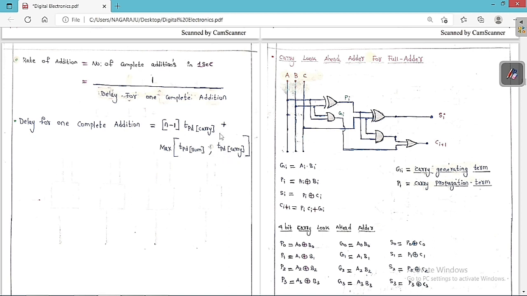This is a very important point that you always have to keep in your mind. It is (N-1) into the propagation delay of the carry plus the maximum value of the propagation delay of the carry and the propagation delay of the sum.